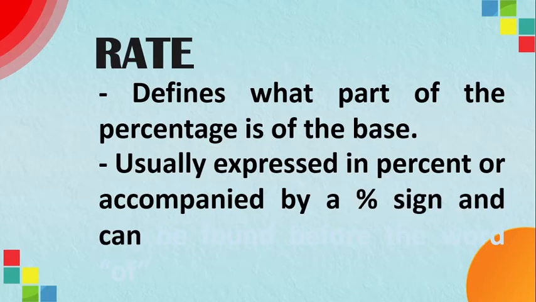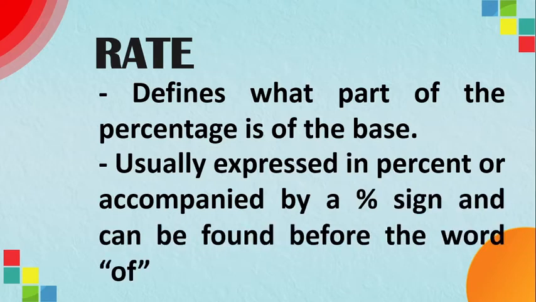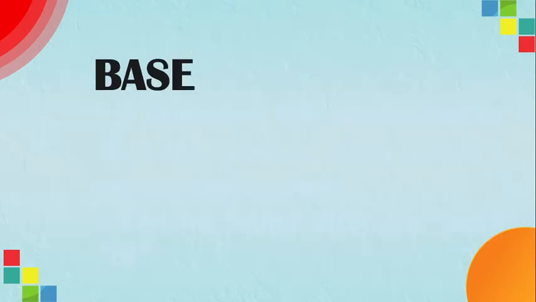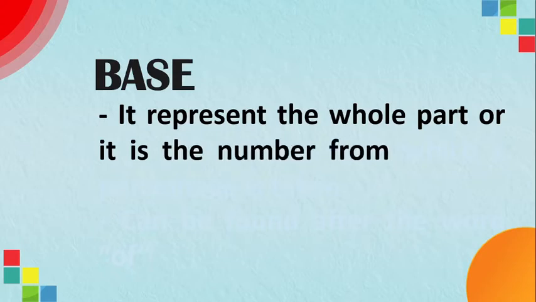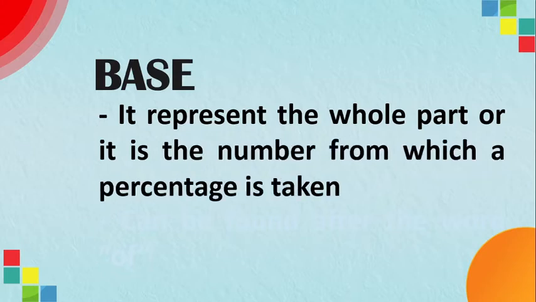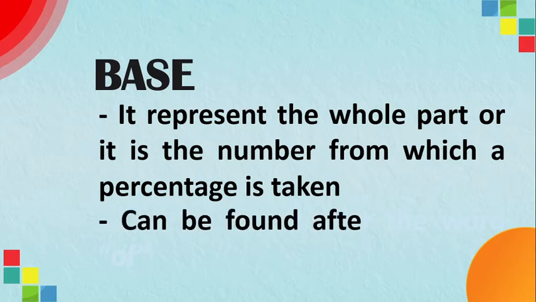Usually, it is expressed in percent or accompanied by a percent sign and can be found before the word "of". While base represents the whole, or it is the number from which a percentage is taken. It can be found after the word "of".